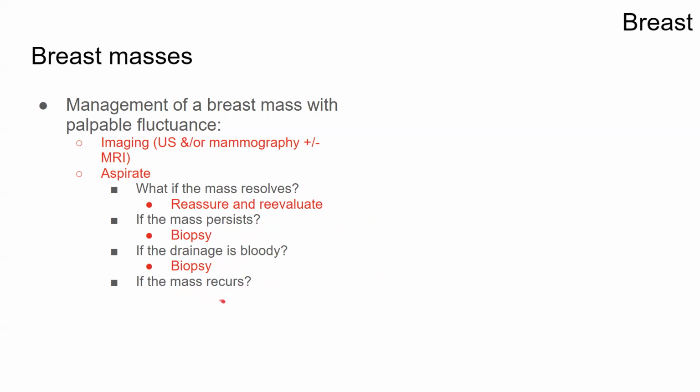If the mass recurs, say they have this cyst or fluctuant mass, you aspirate it, you send them on their way, and they come back and the fluctuant mass is still there. You repeat the aspiration, and what I was seeing in the AAFP and ACOG recommendations is that you then consider a biopsy if it recurs again.